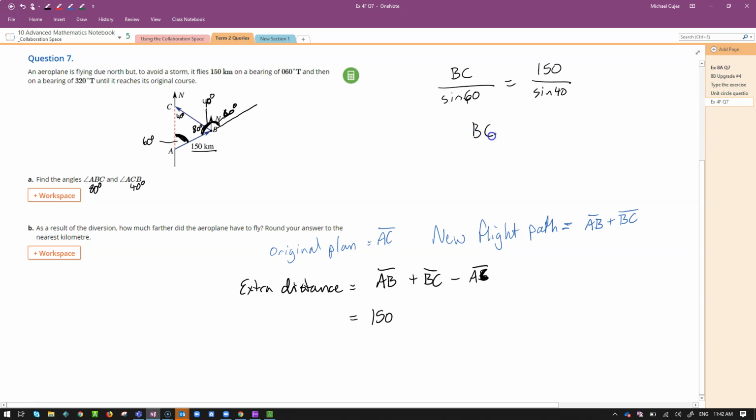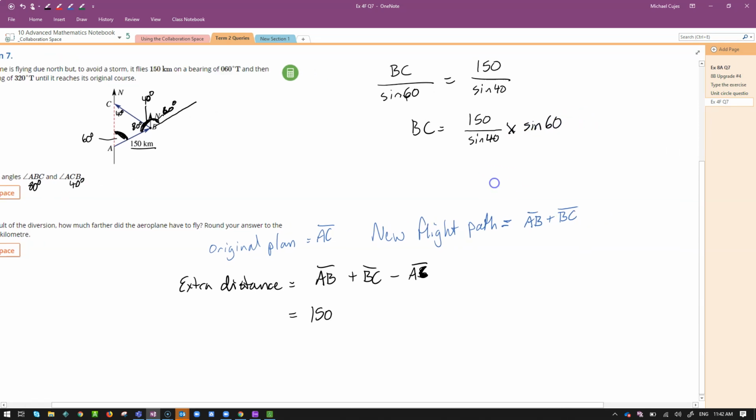And BC is therefore going to be 150 divided by sine 40 multiplied by sine 60. And pushing buttons on your calculator will give you an approximate answer there.